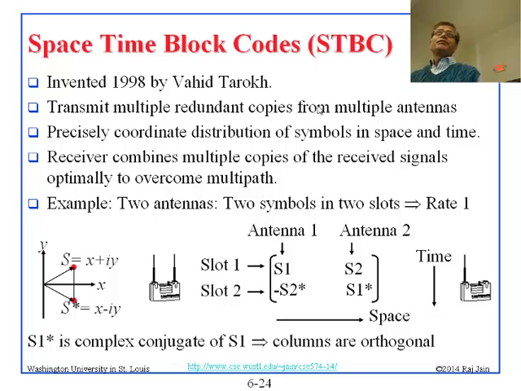Basically, you are not really gaining anything, you are not losing anything. You have 2 antennas, but you are sending basically only 2 symbols in 2 time slots. Alright? With this, what happens is that these 2 signals are orthogonal. If you multiply them, S1, S2 with minus S1 star, S2 star, they turn out to be 0.